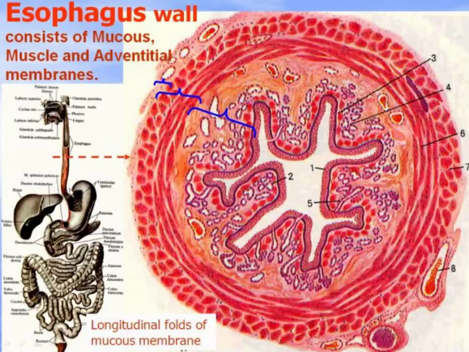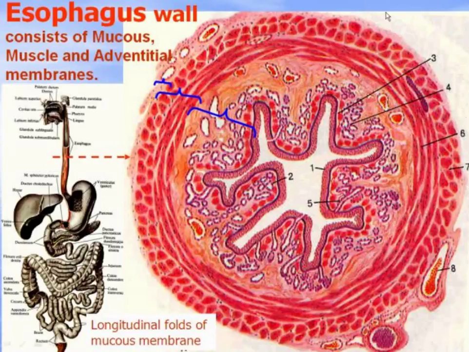In the lower part, before the entrance into the stomach, it consists of smooth muscle tissue, and in the middle it consists of both skeletal and smooth muscle tissue.